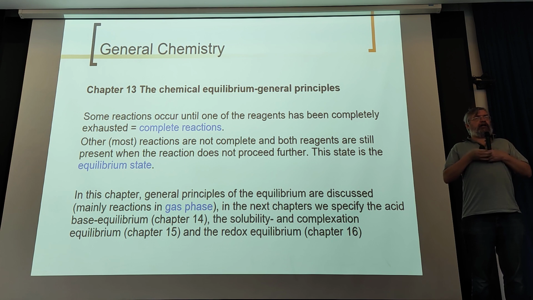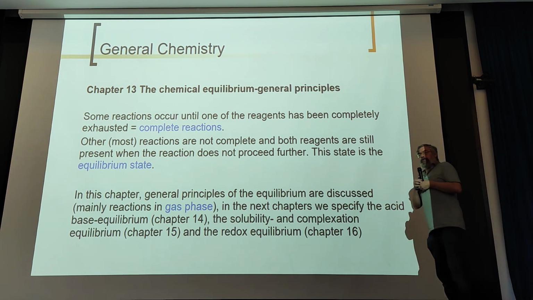And equilibrium comes from the Latin and means equal weight. So it means we are keeping the balance between the products and the reagents. It doesn't mean that you have to have as much of each, but it means that the two are keeping each other in balance and are, let's say, not moving anymore.